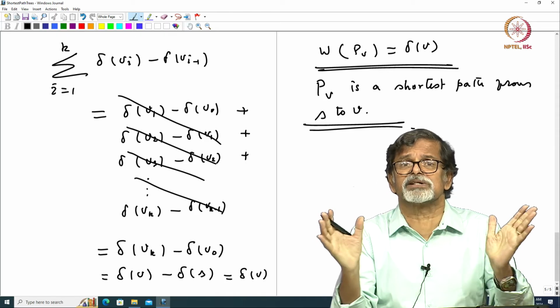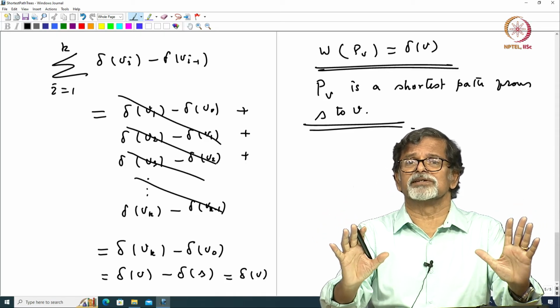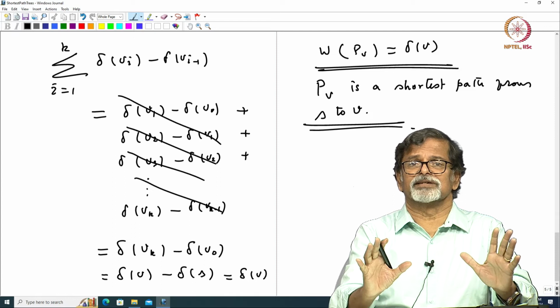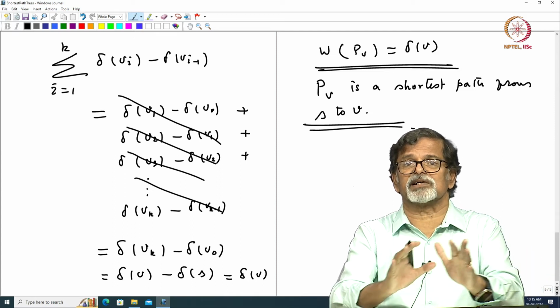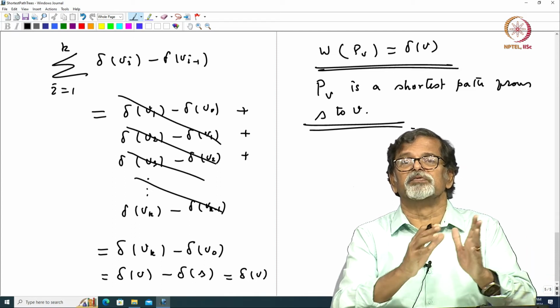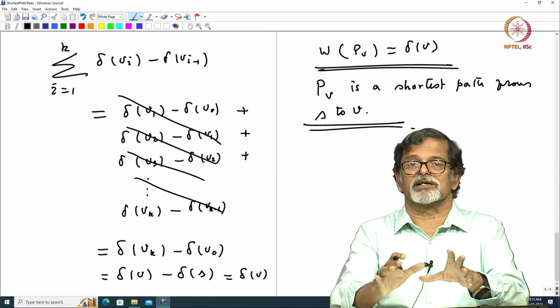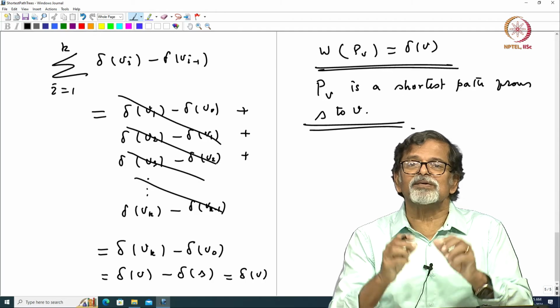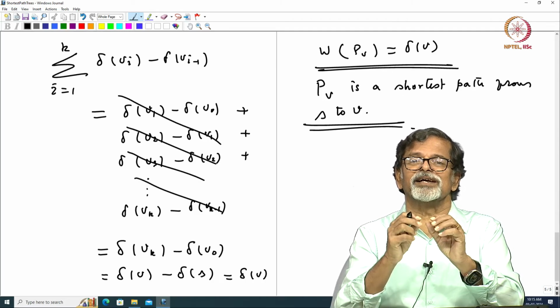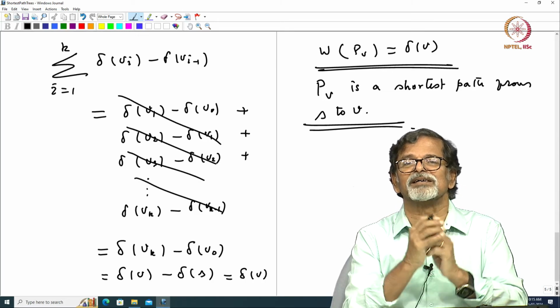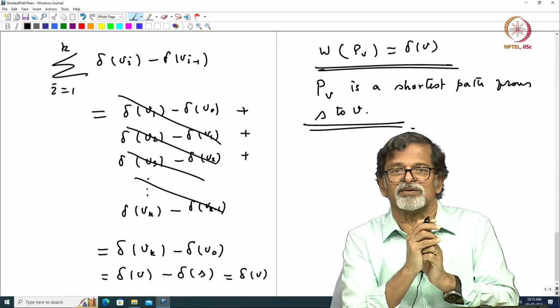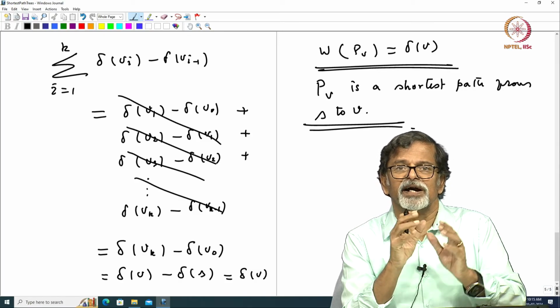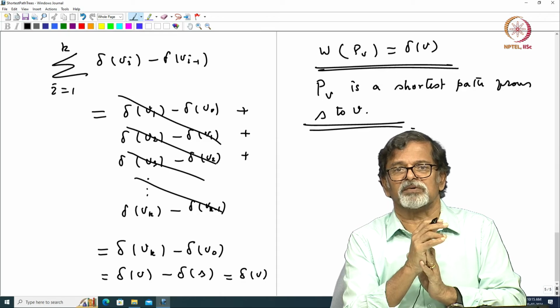Just those n minus 1 edges you hold, that is enough. They are all useful in constructing the shortest path. But if you hold them in a messy way, constructing the shortest path would become hard. So, we are going to maintain it in a very simple and elegant way. It is based on the following observation.